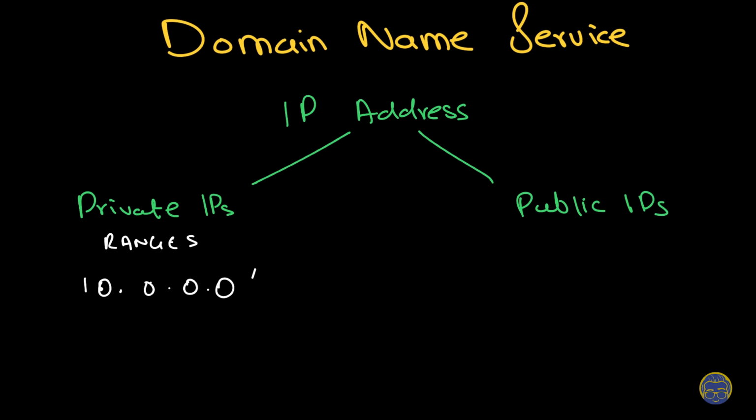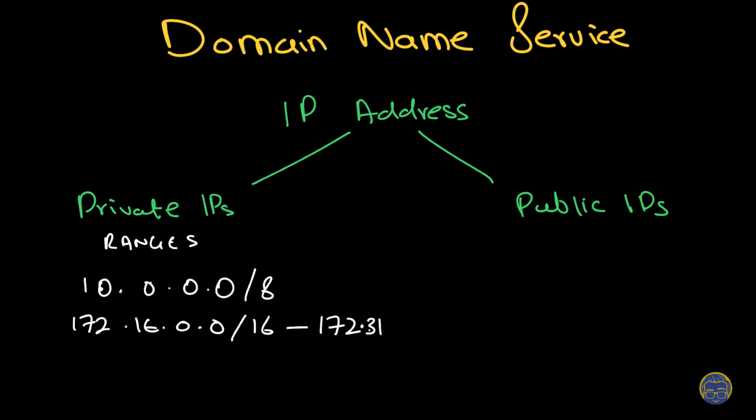Every resource on the internet must be known globally and have a unique IP address. As there is a shortage of IPv4 addresses, devices on the local area network are allocated a private IP address.